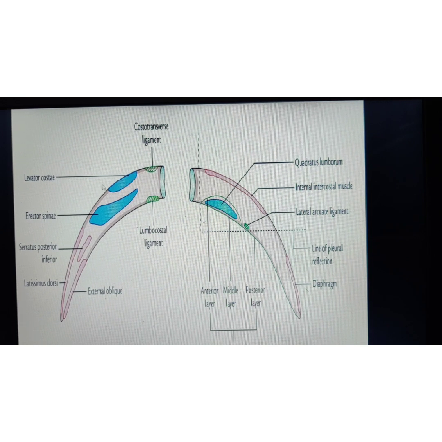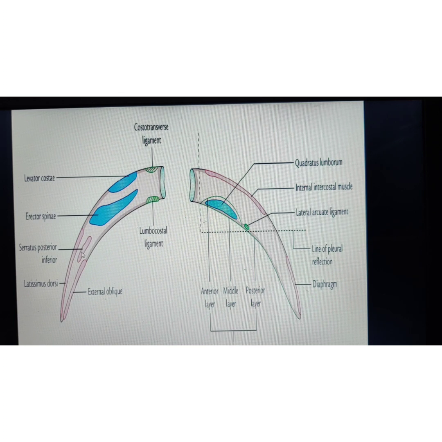Then the medial portion of the outer surface of the 12th rib gives insertion to the levator costae and erector spinae group of muscles. The lateral end and the outer surface of the 12th rib gives attachment to the latissimus dorsi and external oblique muscle.